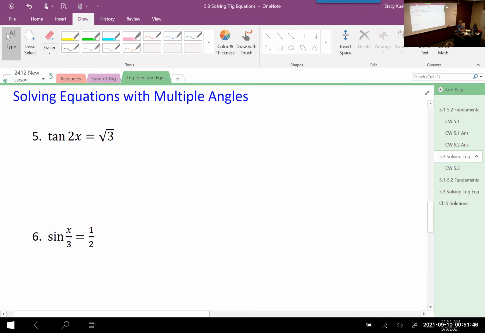And again, I'm restricting this to only looking at the solutions that are occurring on the interval between 0 and 2 pi, right?